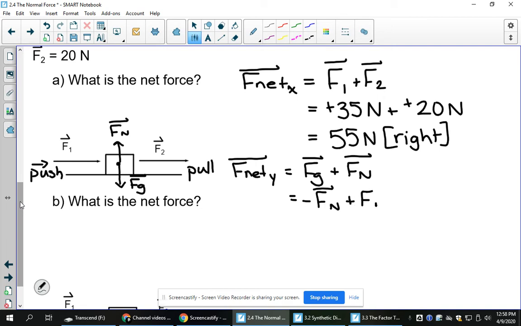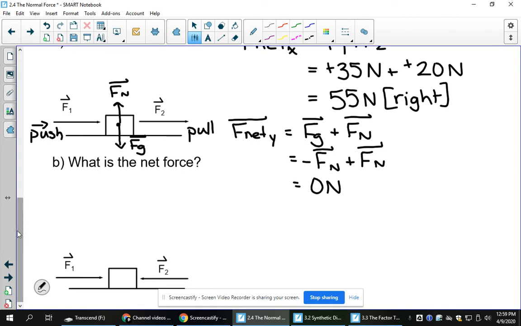So it would look something like this. If you take force normal and you subtract force normal, you get 0 newtons. If they cancel out like that, you usually won't see them drawn on the free body diagram. We just simplify it so that we can take a look at the forces that are really making the object move.